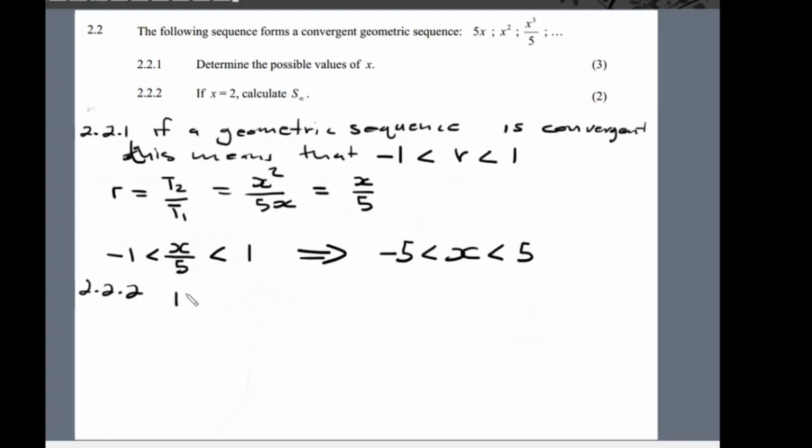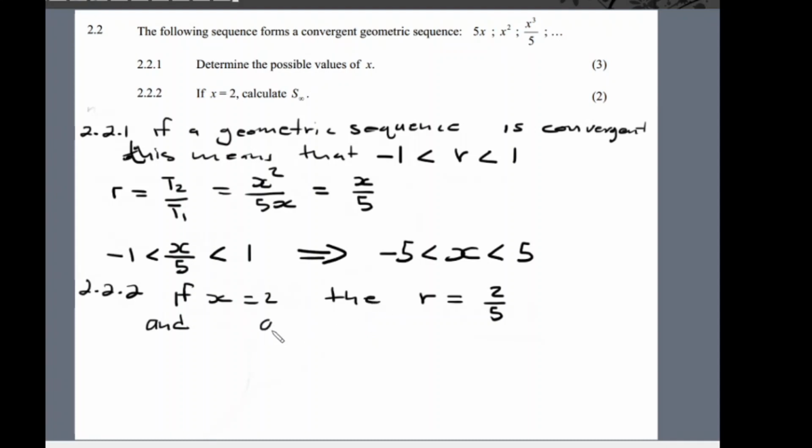So if x is equal to 2, then our common ratio is going to be 2 over 5, right? Because in question 2.2.1 the common ratio is x over 5. So our common ratio is 2 over 5, and the first term T1, which is a, is equal to the first term.